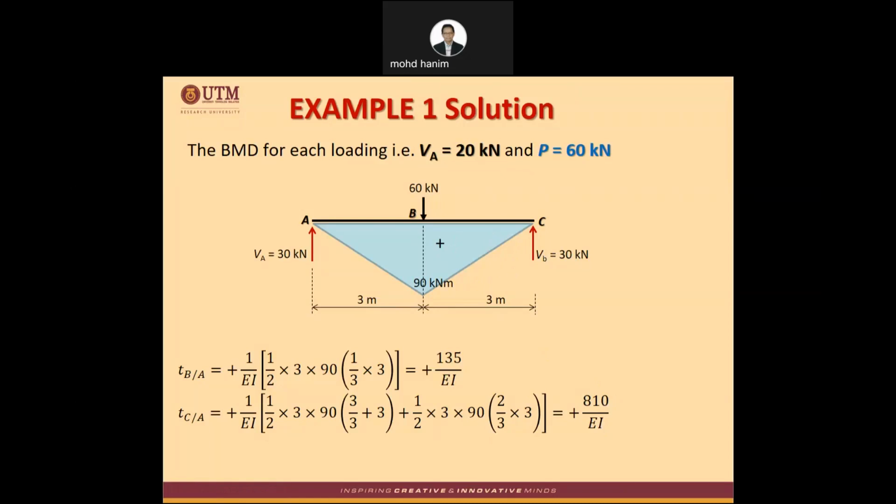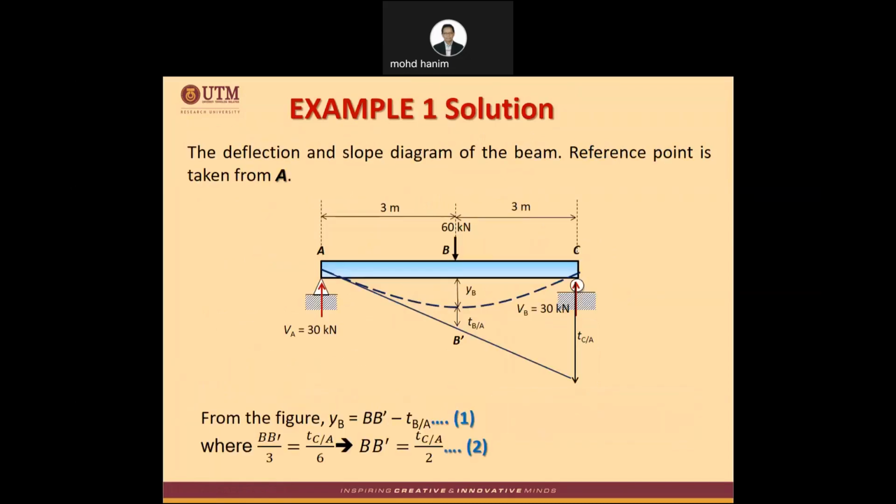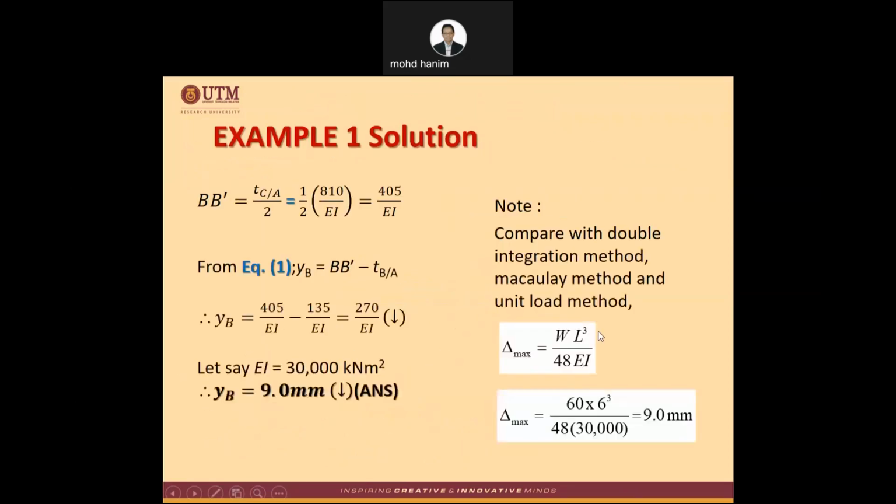Okay, and then we apply this illustration, the relationship between TBA and TCA. Then we got BB dash equal to TCA over 2.